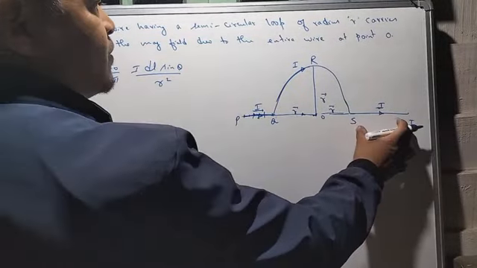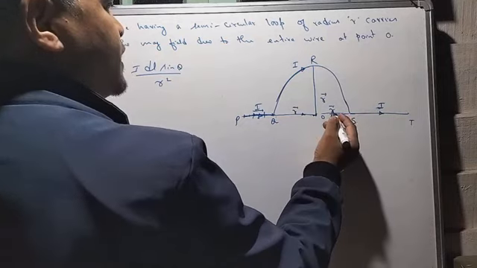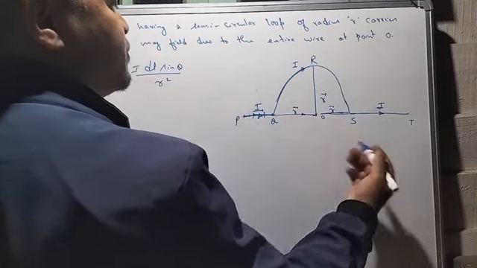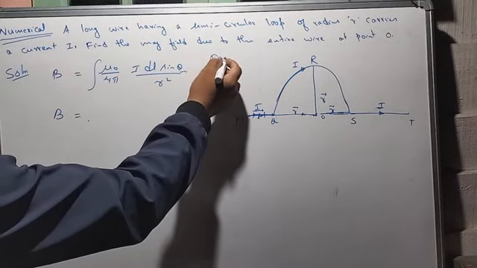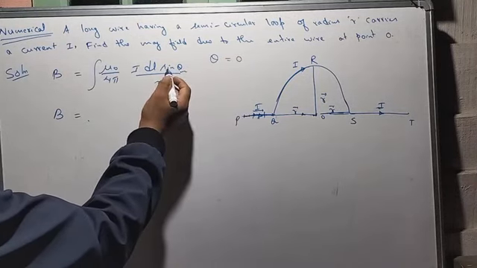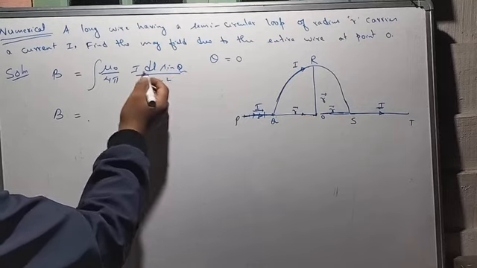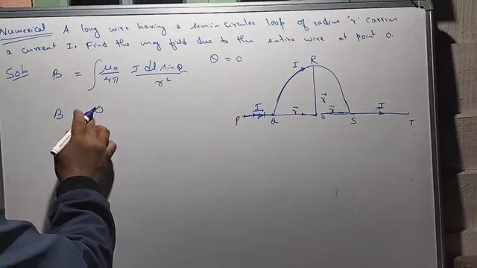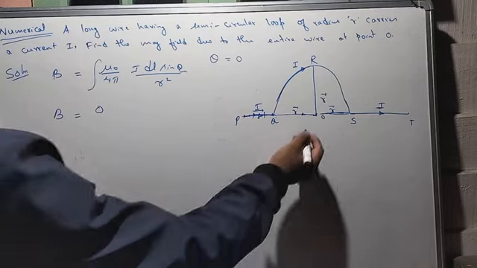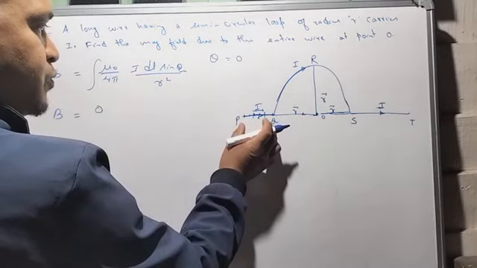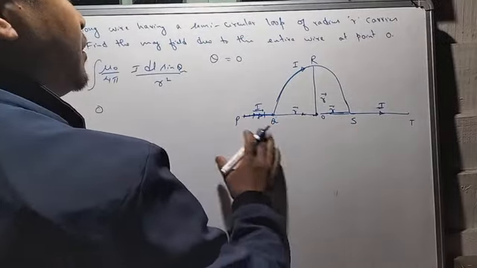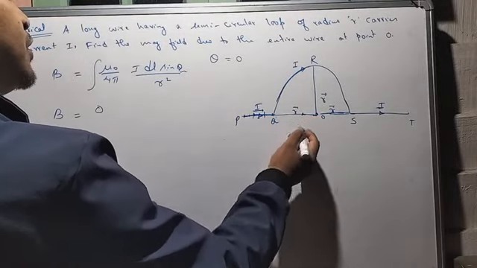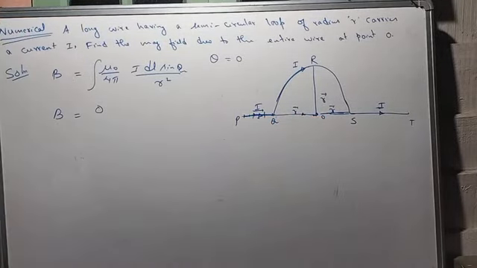Similarly, if you look at the other arm ST, the angle between r and ST will be the same. So theta here is 0. When theta is 0, we know sine 0 is 0, and 0 into anything will be 0. So the magnetic field at point O due to the two straight arms PQ and ST of the conductor will be 0.